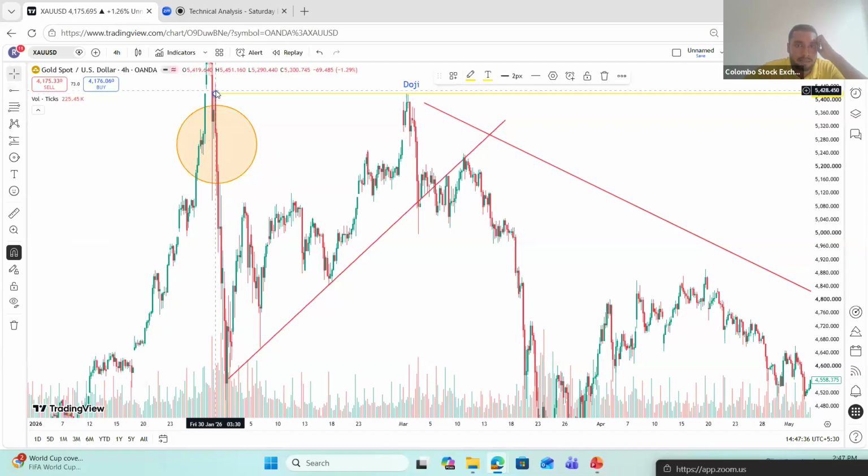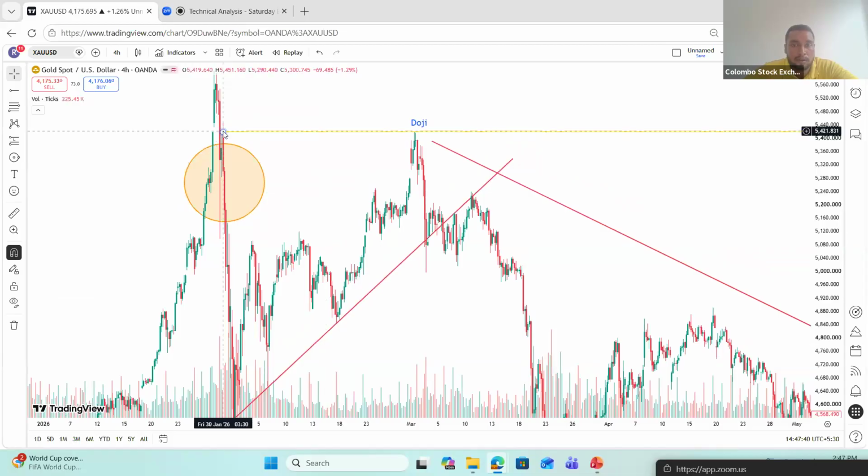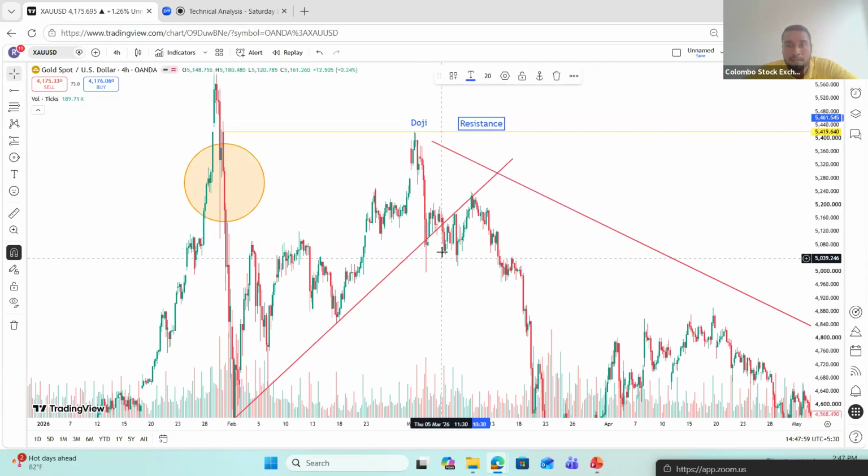I can mark a resistance like this because the price has rejected from this level before. When the price approaches that level again, we can expect a rejection from that point. So here you see a resistance point as well as a doji. That is a very good signal that price could go down from that point like this.